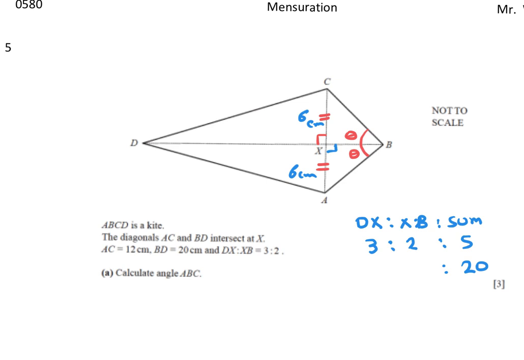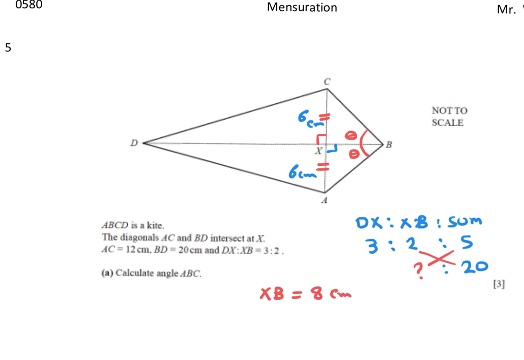Or you can find XB by cross multiplying, because 5 parts represent 20, so each part represents 4. XB has 2 parts, so 2 times 4 equals 8. Or cross multiply: 20 times 2 is 40, divide by 5 is 8, so XB equals 8. Same? Yes, sir.